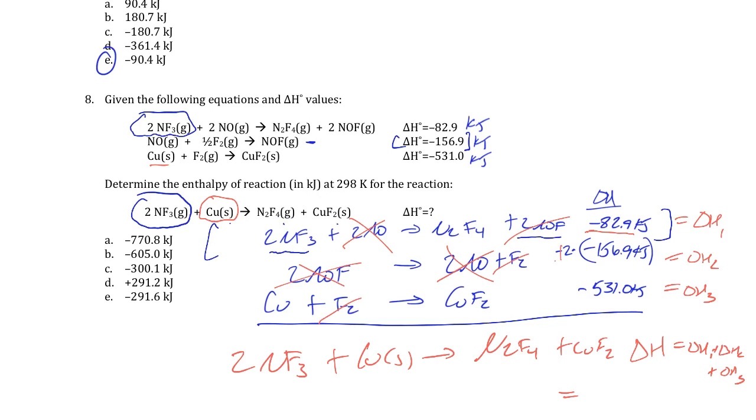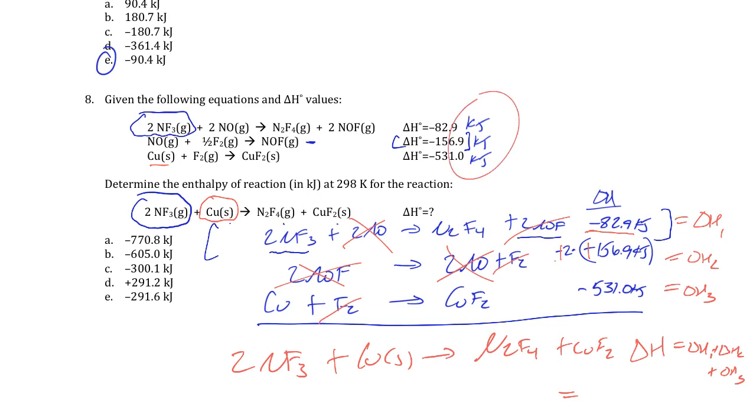You could also realize that this would just be a positive quantity, so you're just adding 2 times 156.9. Don't let the math confuse you on this because it should be pretty straightforward. And then plus minus 531.0. And these were all kJs in case that was confusing.